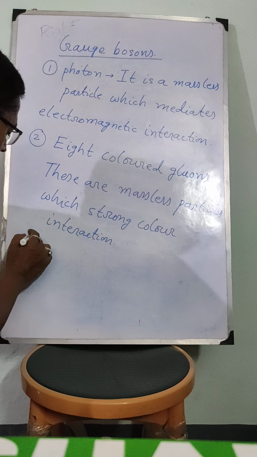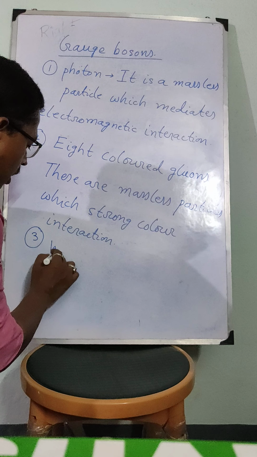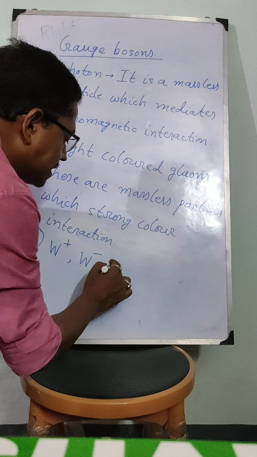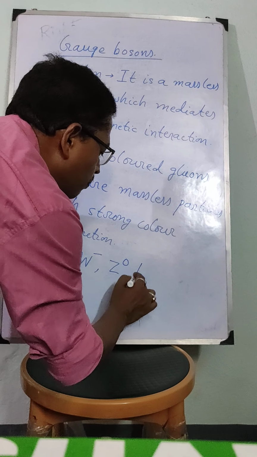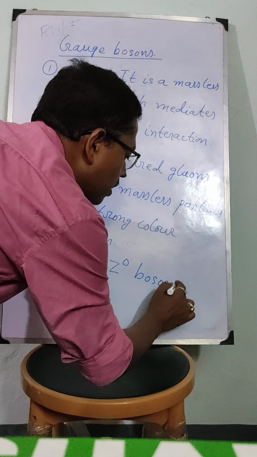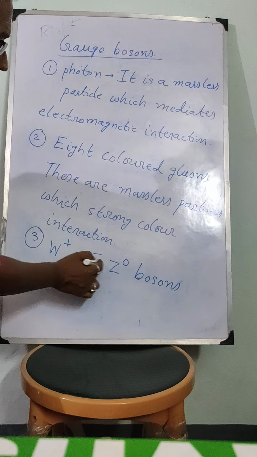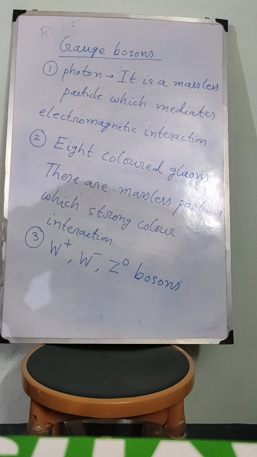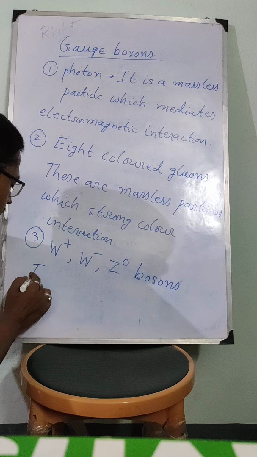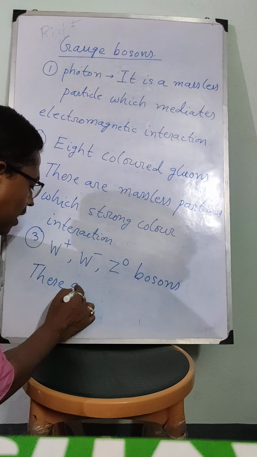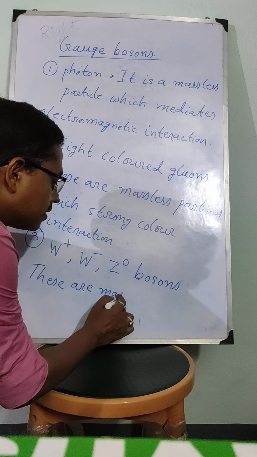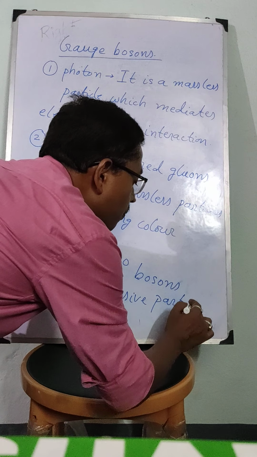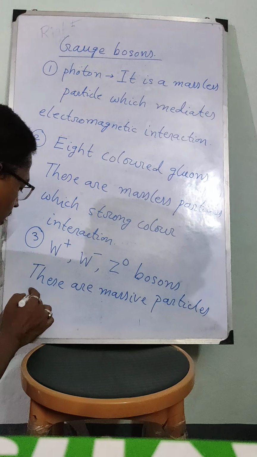Okay, then we have W plus, then W minus, which carry electric charges, and Z0 bosons. Now these 3 particles have mass, meaning they are massive particles which mediate the weak interaction.